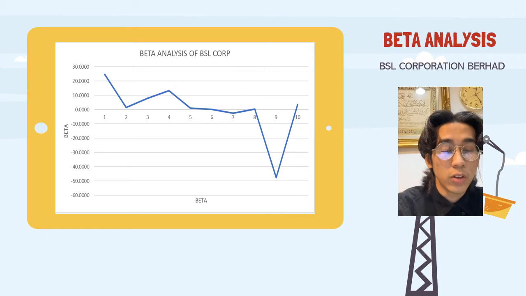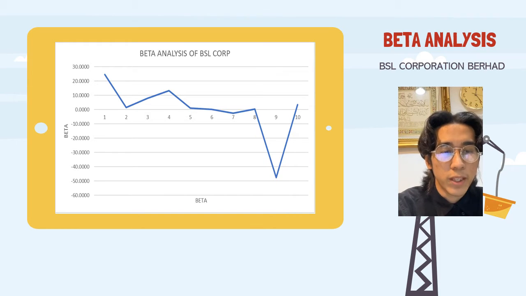Moreover, the graph shows a fluctuating line from early March until June, but it is still acceptable because the line is not at a negative beta value. In the month of June, the graph shows a beta value of less than 1, at the point of 0.175.